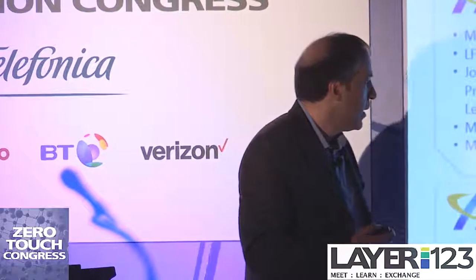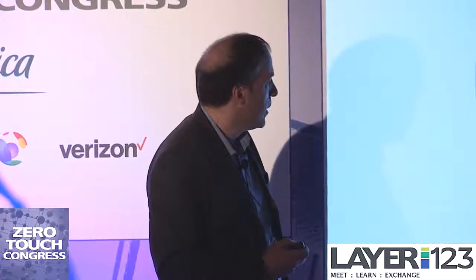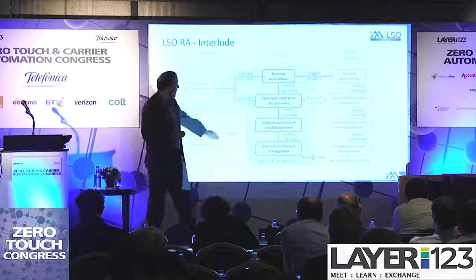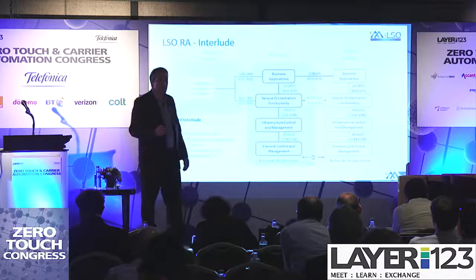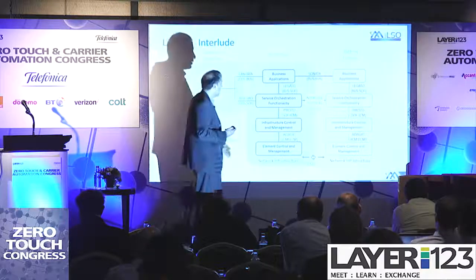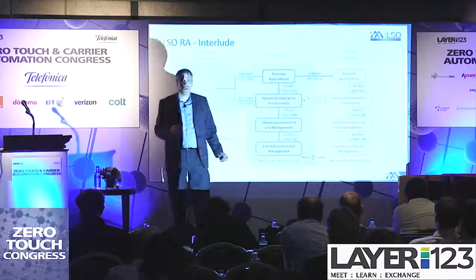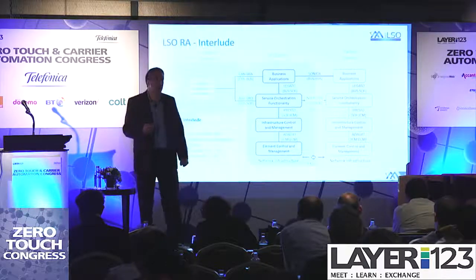ONF. I have to say, many members of ONF also contribute to MEF. What we did is, for layer 1, we adopted the TAPI interface. As you know, ONF wanted to have a unified northbound interface from the controller.